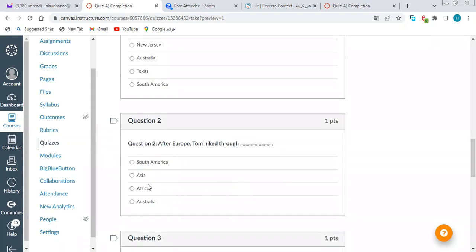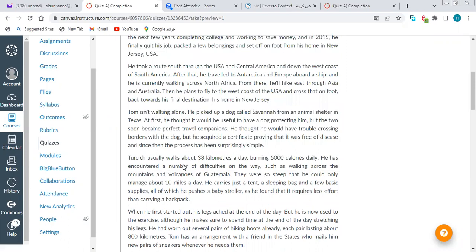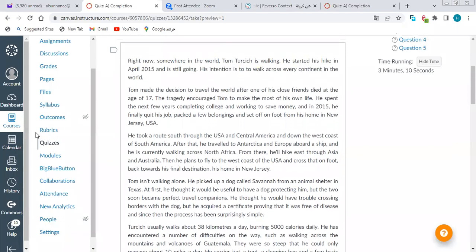Okay, question number 2. After Europe, Tom hiked through South America, Asia, Africa, or Australia. So here the keyword, as you see, is Europe. So I say after Europe, Tom hiked through South America, Asia, Africa, or Australia. Here you can find it also in paragraph 1, 2, 3, or 4. You have 1 minute to find the answer.